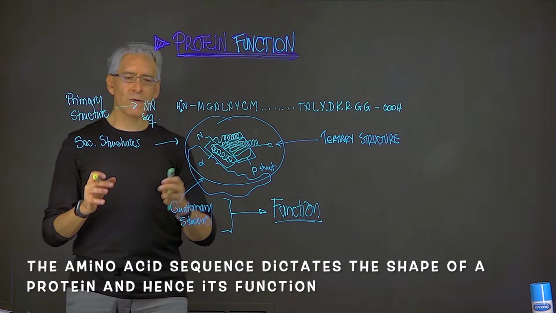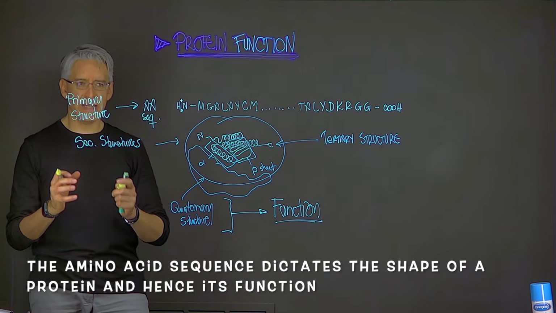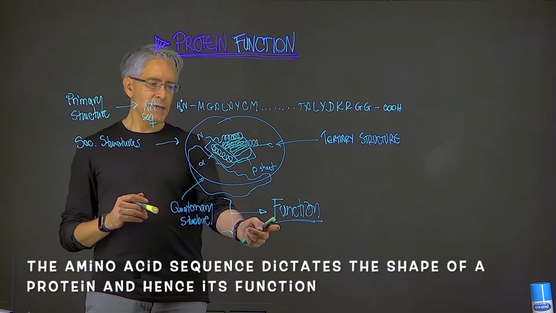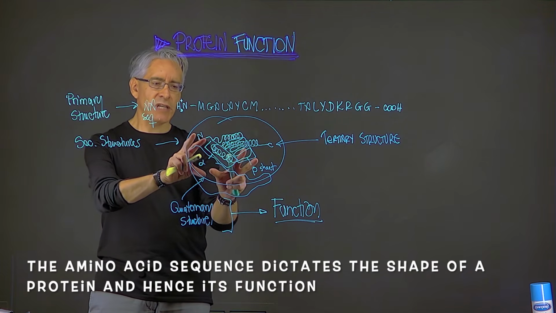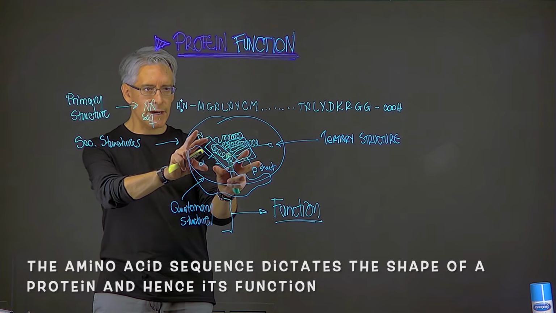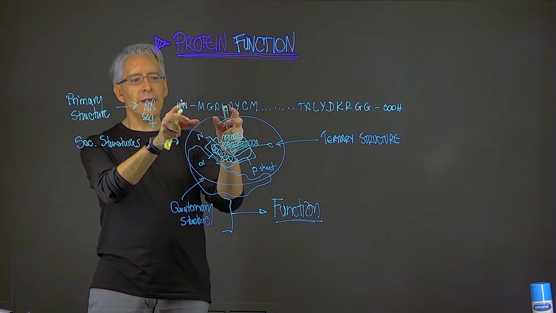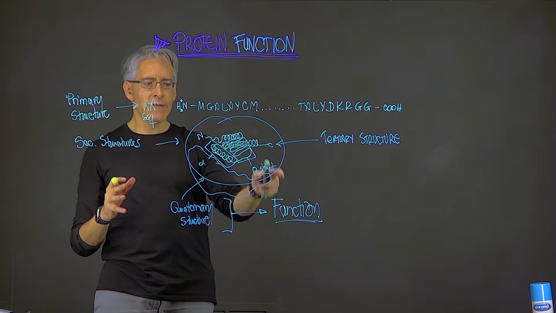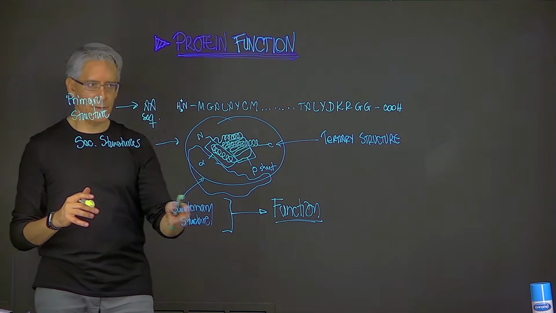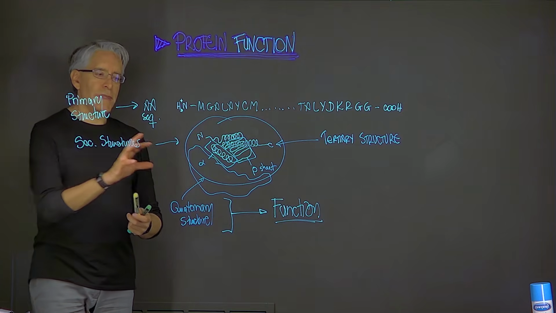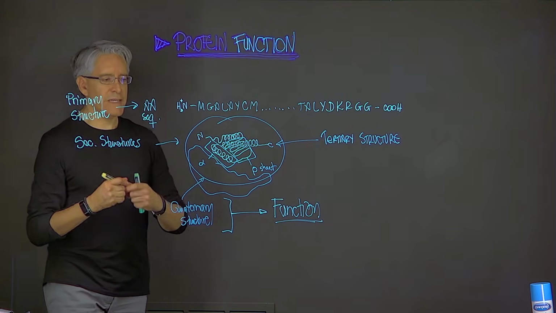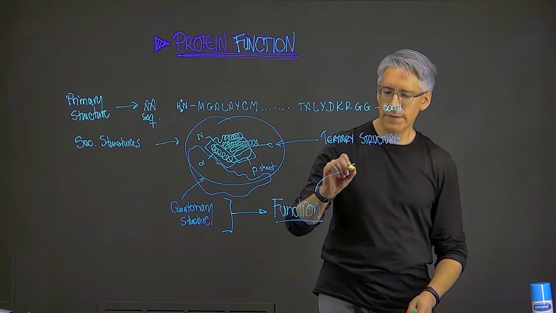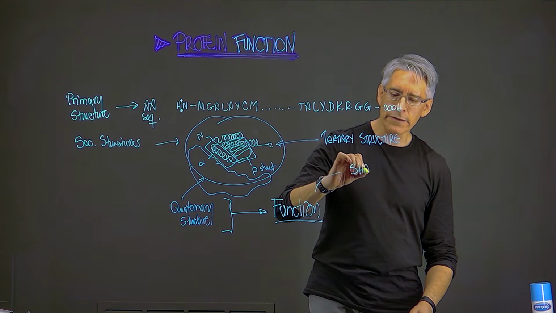And this is one of those absolutely essential ideas in molecular cell biology, that function is dictated directly by shapes, and shapes are dictated fairly directly by the amino acid sequence that forms the protein that we are referring to.